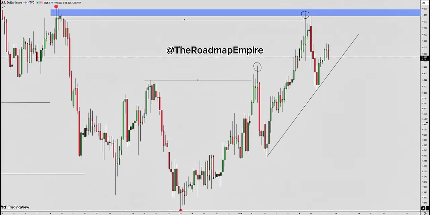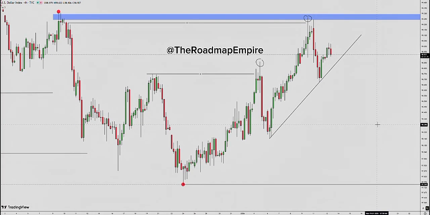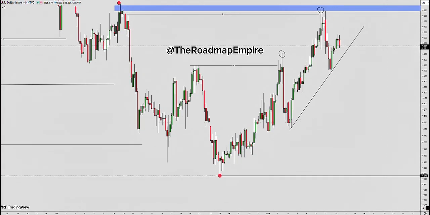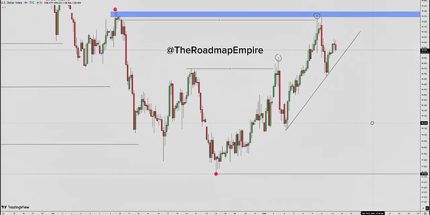But then we need the trend line to be broken for us to have a good confirmation to the downside. And now we have a zone.